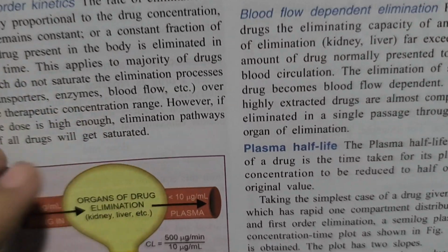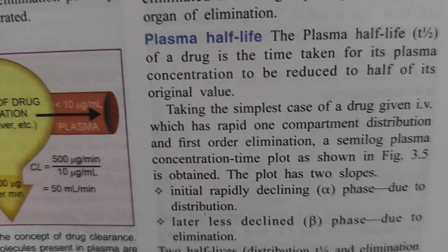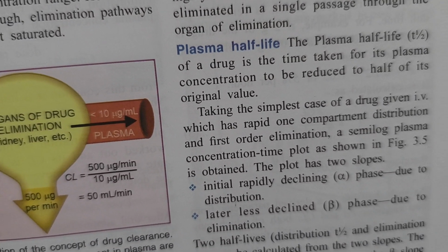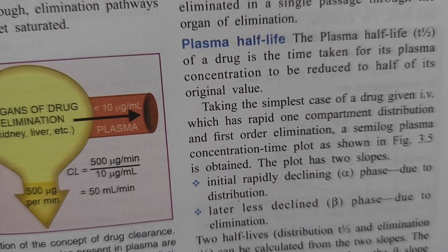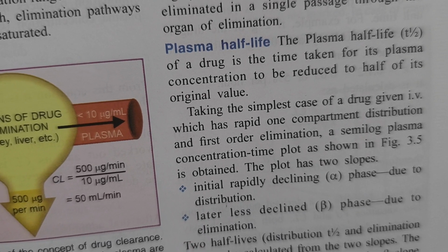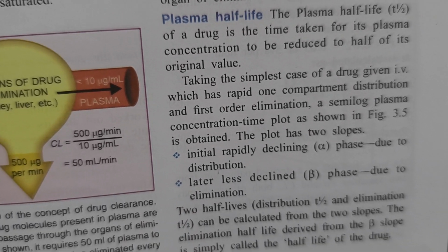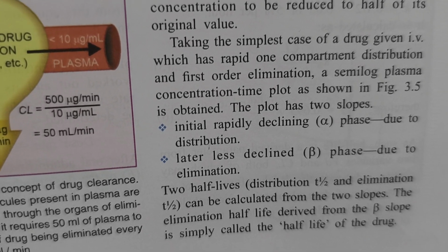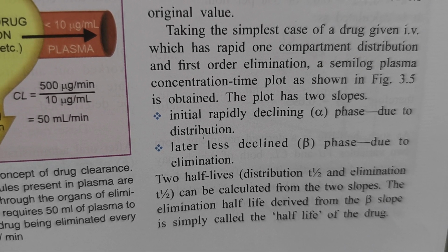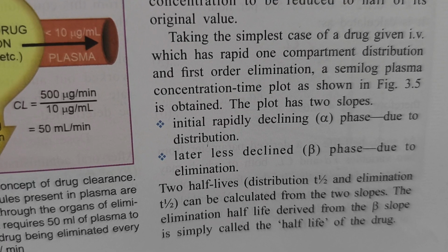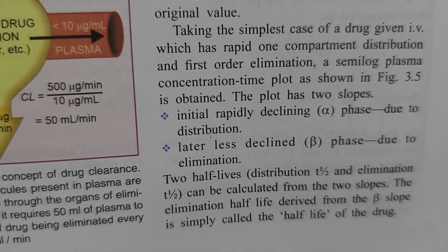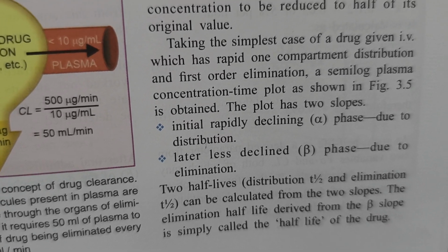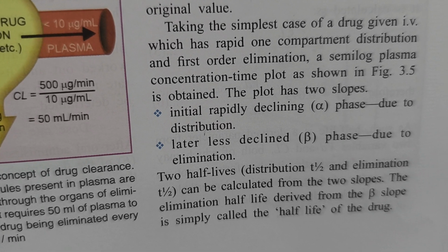Plasma half-life. The plasma half-life, T-half, of the drug is the time taken for its plasma concentration to be reduced to half of its original value. Taking the simplest case of a drug given intravenously, which has a rapid one compartment distribution and first order elimination, a semi-log plasma concentration time plot as shown in figure 3.5 is obtained.